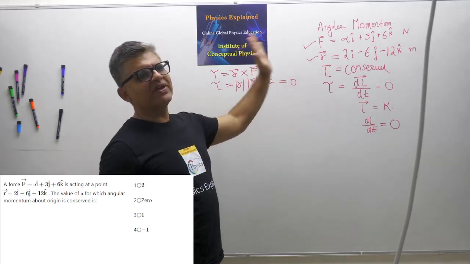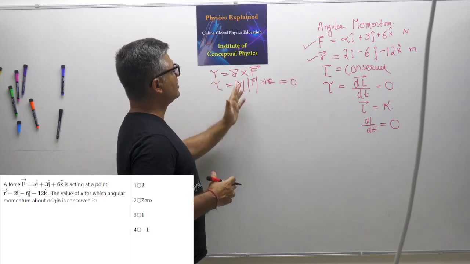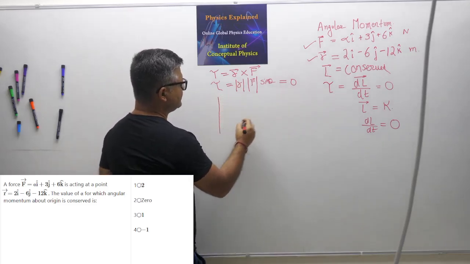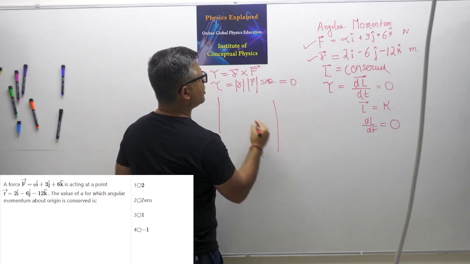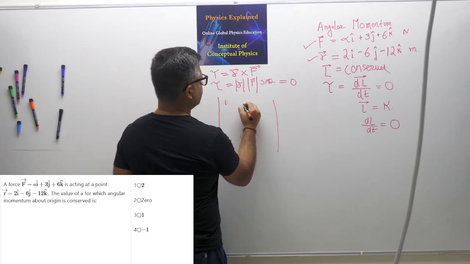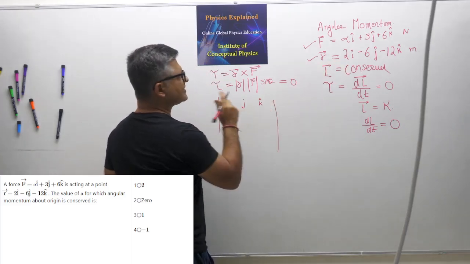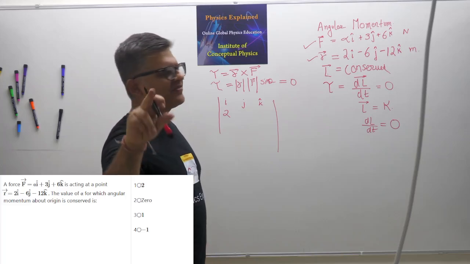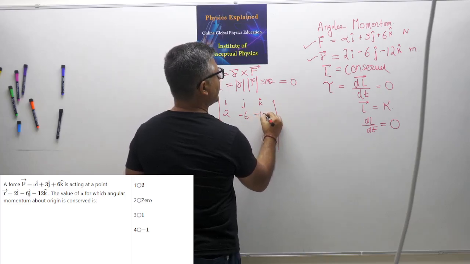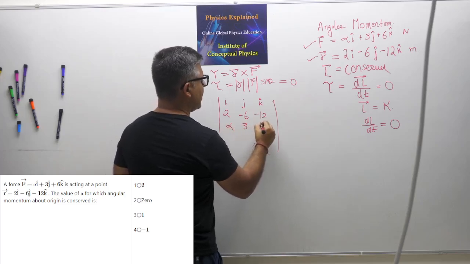In our case, what we're given is an ijk coordinate system. We are not exactly given modulus of R. We can apply this also, but I think the easier approach is the vector product. First of all, I have to write i, j, k, and then I have to write the components, because it is R cross F, not F cross R. So this is minus 6, this is minus 12, and this is alpha, 3 and 6.